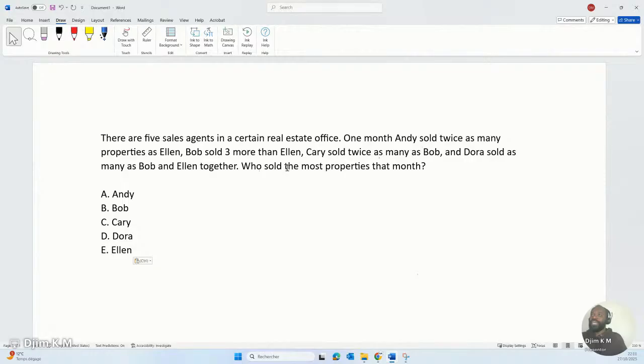There are 5 sales agents in a certain real estate office. 1 month, Andy sold twice as many properties as Ellen.